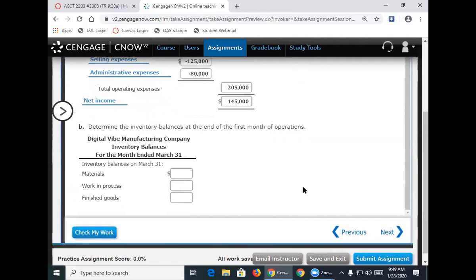Yeah, very good. So my ending balance is 19,250. Debits minus credits. Debits are larger, so it's a debit balance. So we can actually just put that in. Materials are now 19,250. How about work in process?